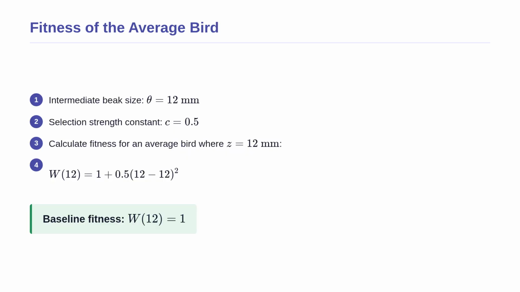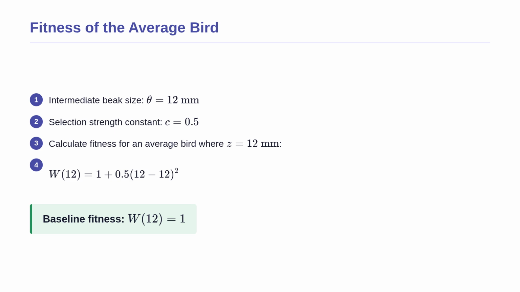Let us put this quadratic function to the test with African seedcracker finches. We are given an intermediate, disadvantageous beak size of exactly 12 millimeters, so theta is 12. The selection strength constant, C, is 0.5. We are asked to calculate the relative fitness of a bird with an average beak of 12 millimeters.